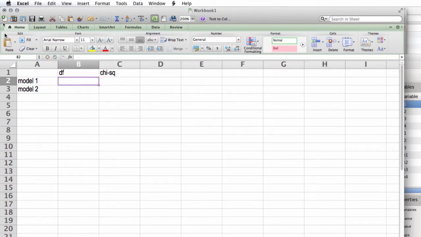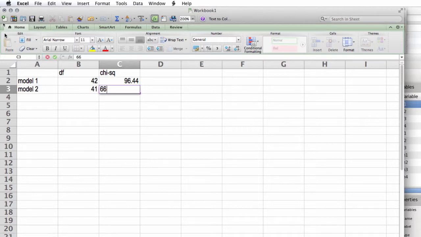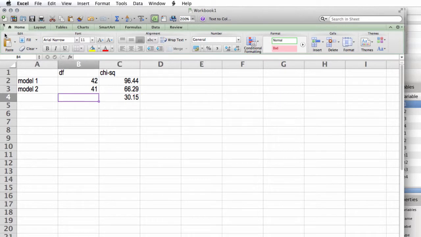So model 1's degree of freedom was 42, chi-square was 96.44. Model 2 is 41 degrees of freedom, 66.29. If I look at the difference between these, I get 30.15, which was pretty close to the value it said it was going to be.